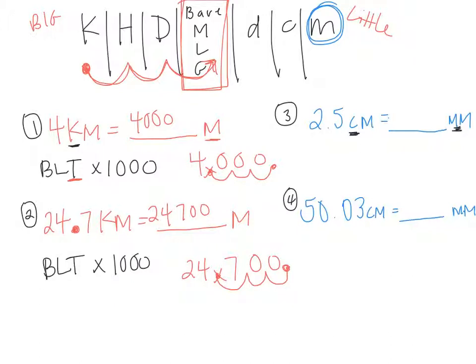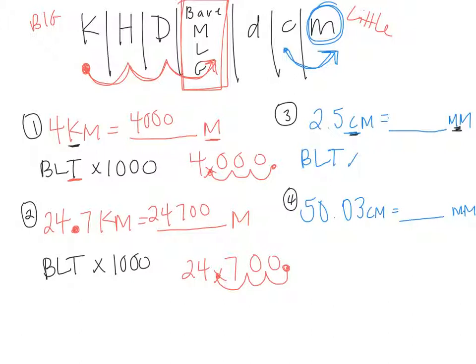And I'm actually not going to be moving to my base units at all this time, which is okay. So starting with my example, it says start at centimeters, so I start my pencil at centimeters. And to get to milli, I have to go to the right 1 place, and I'm going to put my arrow. And I was at a big unit, and I moved to a little unit. So this is still BLT.